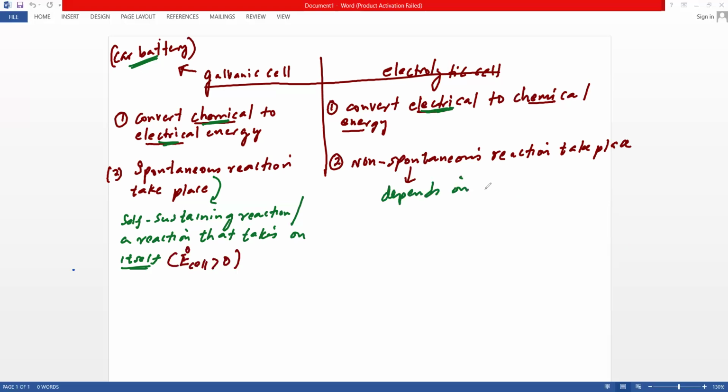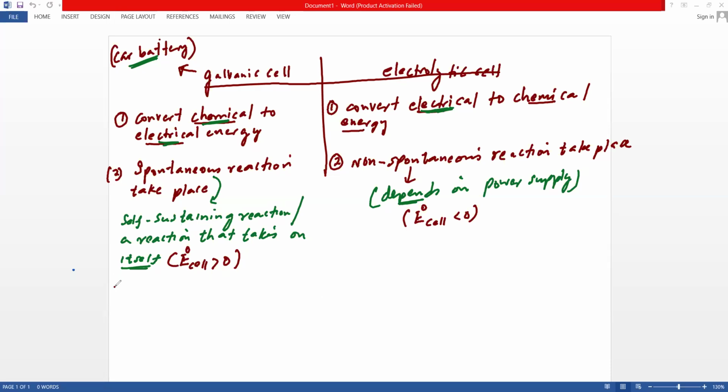This is seen by the cell potential, E cell, which is negative, less than zero.